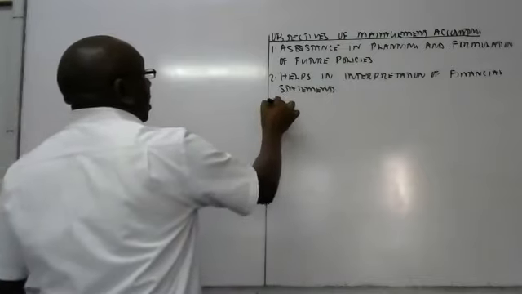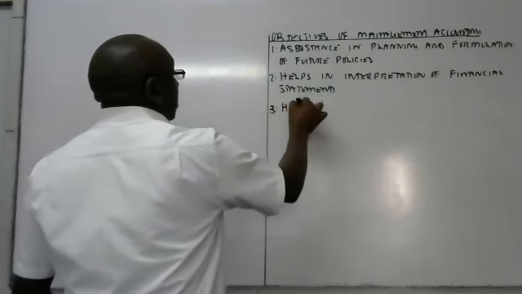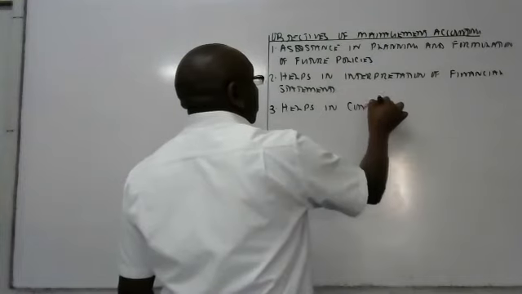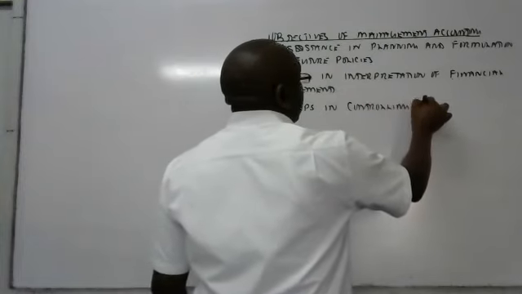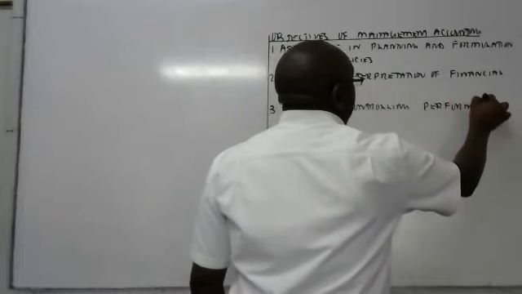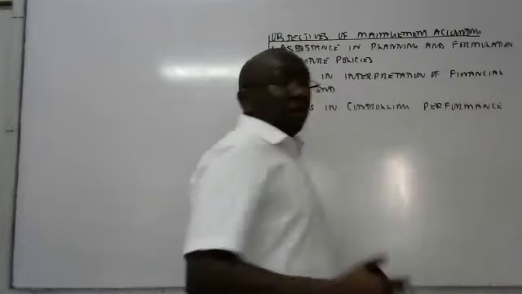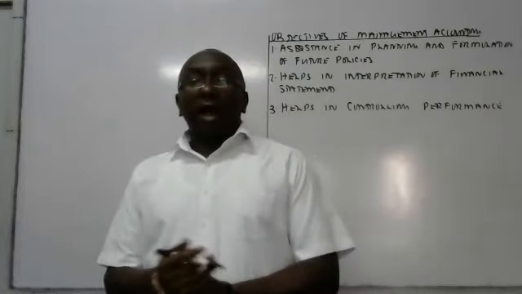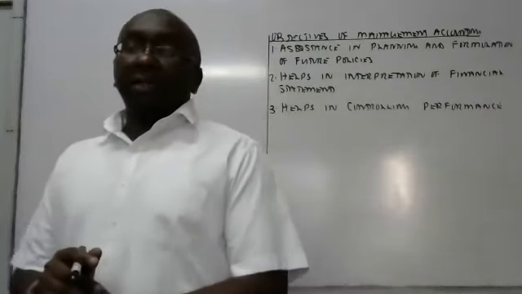Number 3, helps in controlling performance. We are able to check the performance, how things are being done, and we're in a position to control how things are being done.